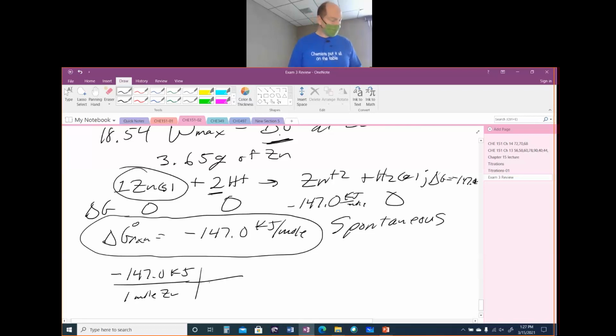But we have 3.65 grams of zinc. So we can go from kilojoules per mole to kilojoules per gram. In order to do that, we need the molar mass of zinc.